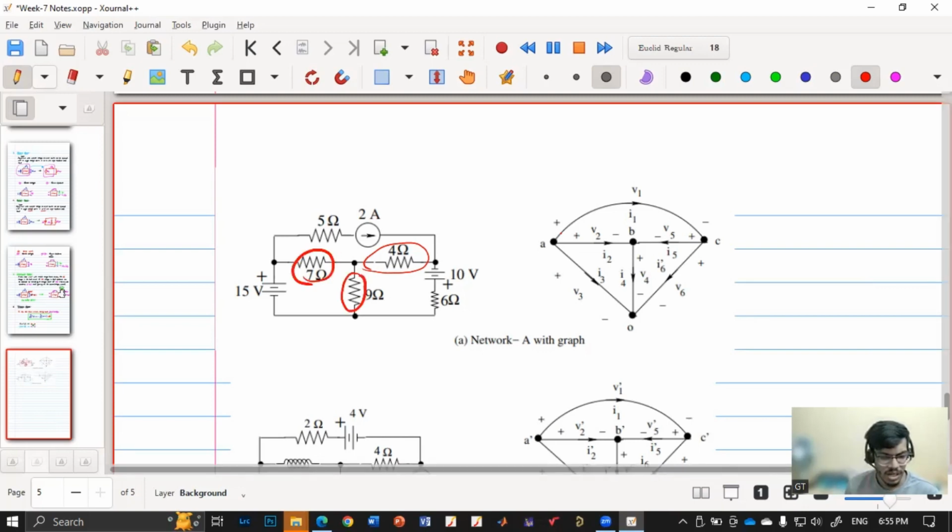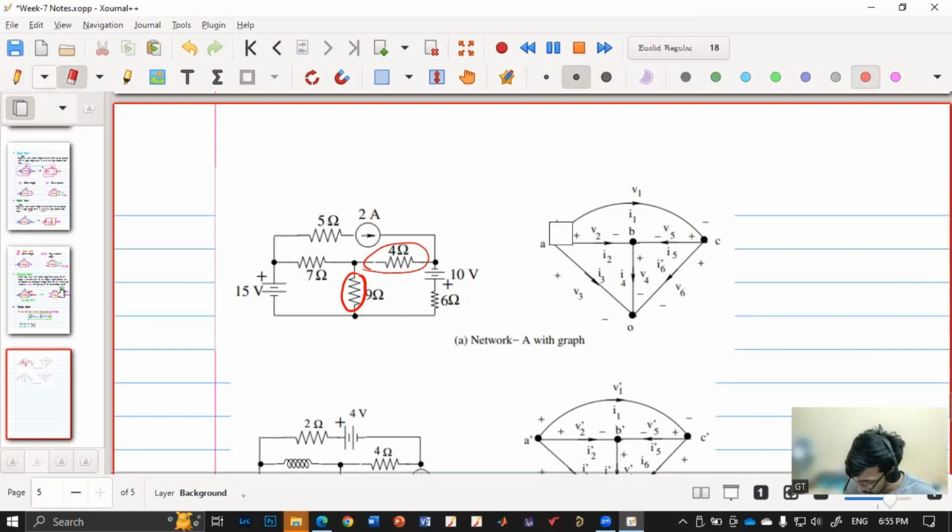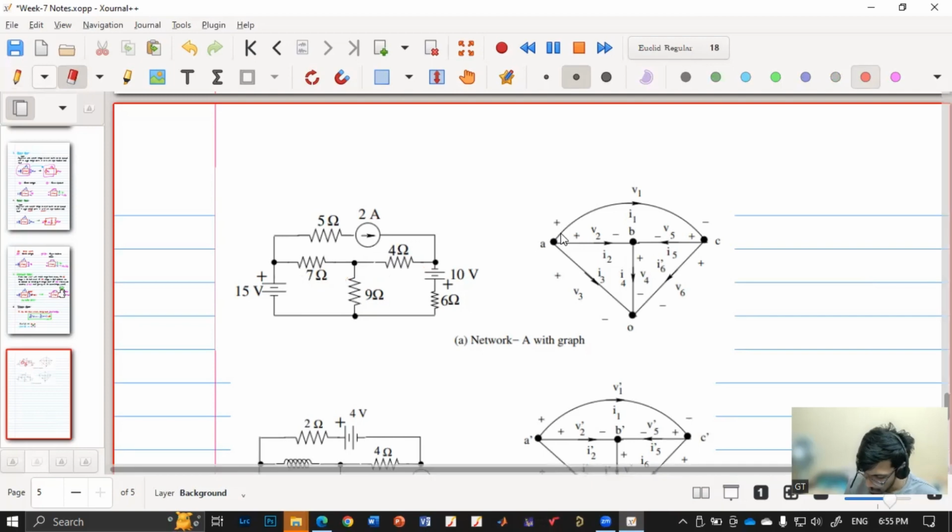So how do we draw the graph of any circuit? We replace all the elements by a single line. Here 4 ohms is replaced by a single line, and the node will remain a node. Whatever element we replace, it will show the current direction as well as the voltage polarity.